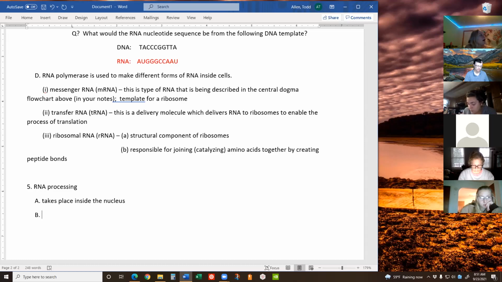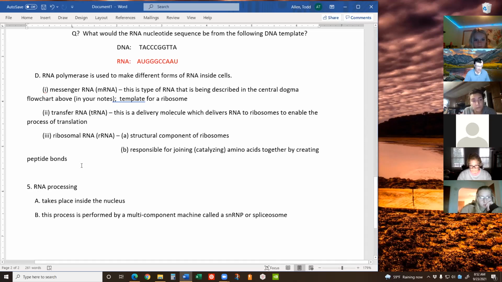Okay. This process is performed by a multi-component machine called a SNRNP or spliceosome. Okay, these are synonyms. SNRP and spliceosomes are synonyms. They mean the same thing.